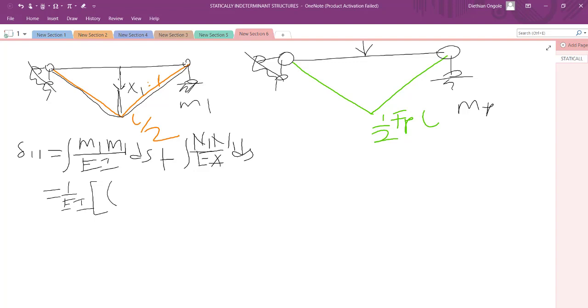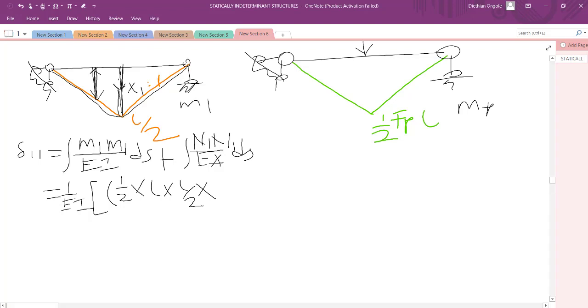So we get the area of that triangle, which would be a half, times this base, which is L, times the height, which is L/2, and then times our y, the distance of the center of gravity of the triangle from the base of the beam.